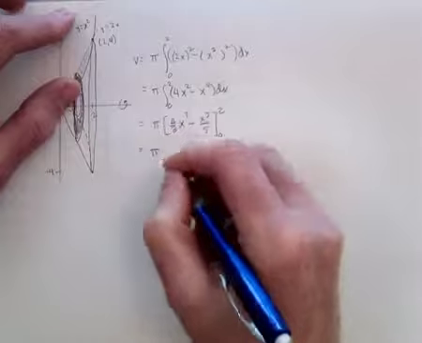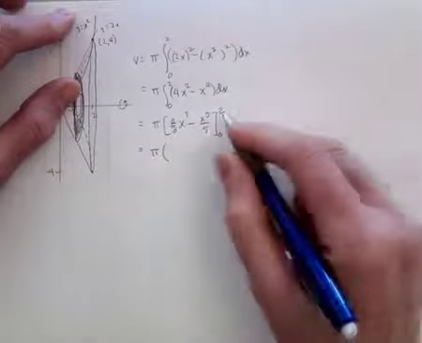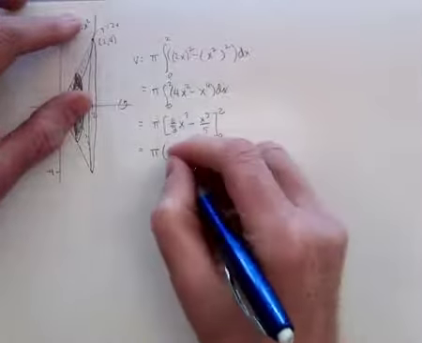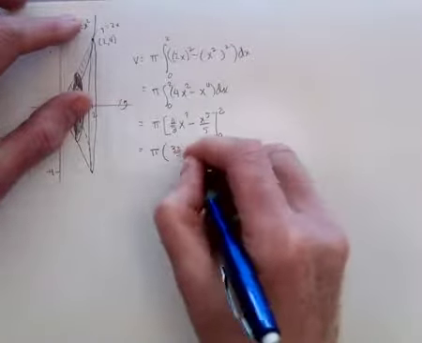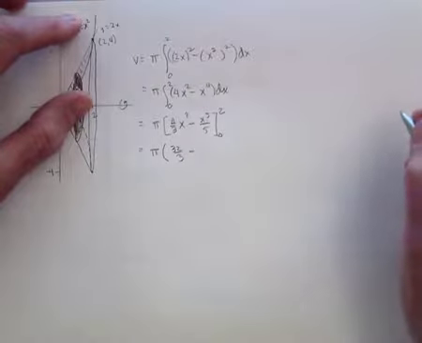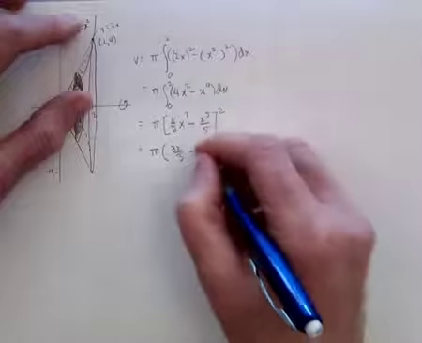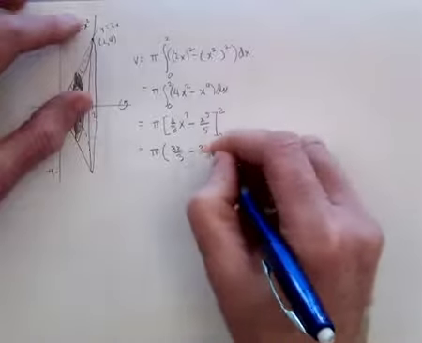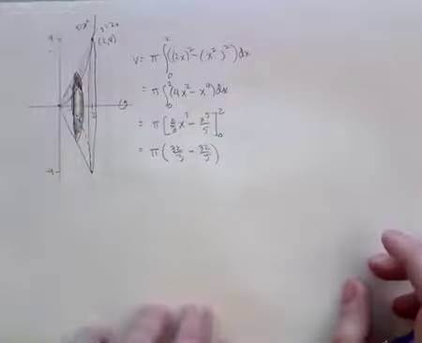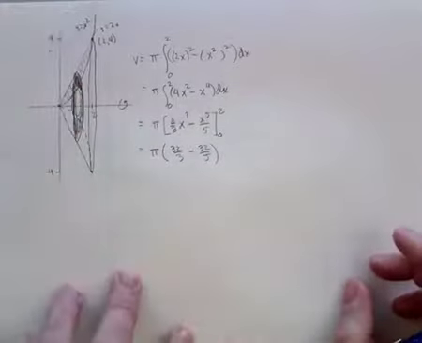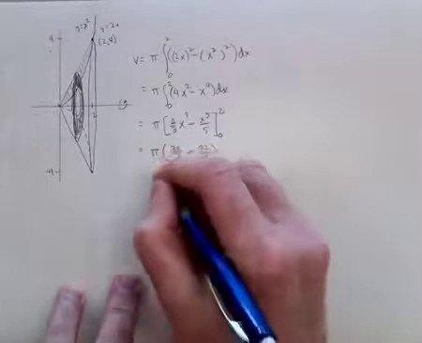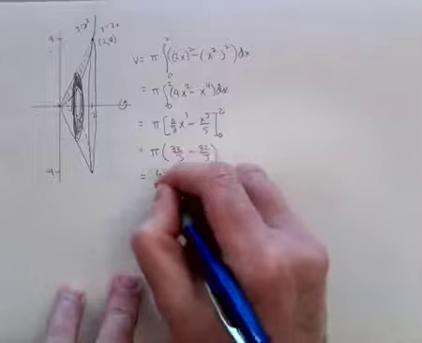If I stick a 2 in here, I have 8 times the 4/3, which is 32/3, and if I take 2 to the fifth, I'm going to have 32 over 5. Of course if I plug a 0 in for x in both of those terms, I'll also get a 0, and if you do a little arithmetic, I claim you're going to come out with 64 pi over 15.